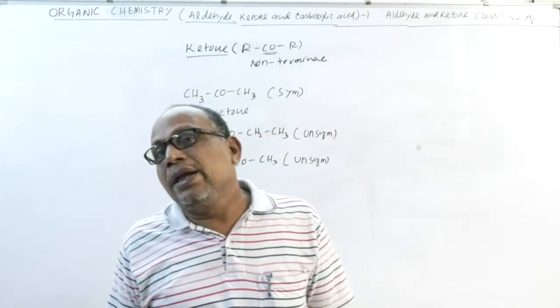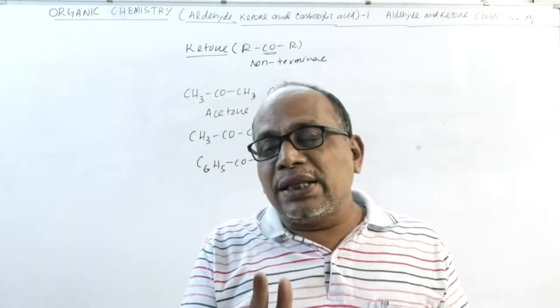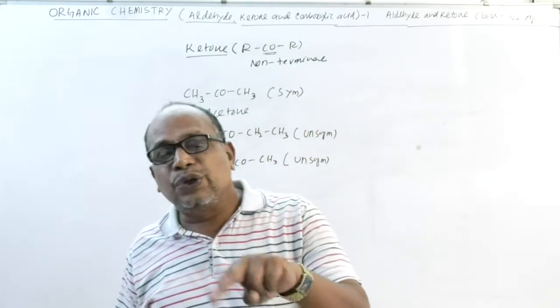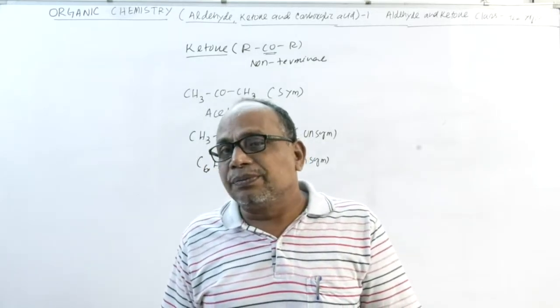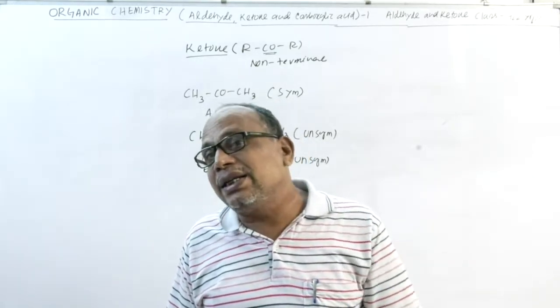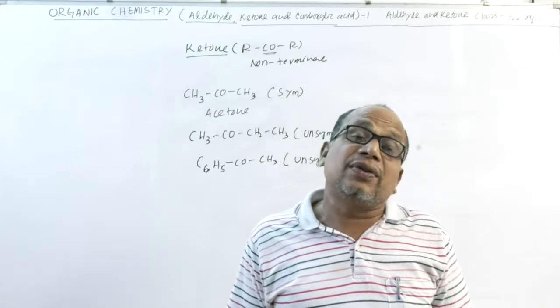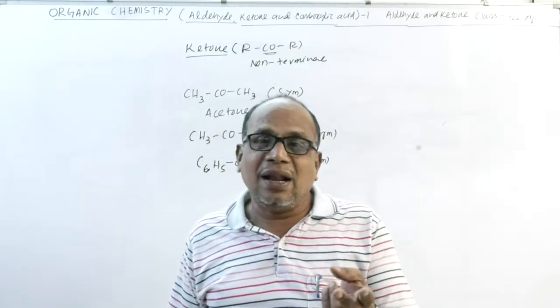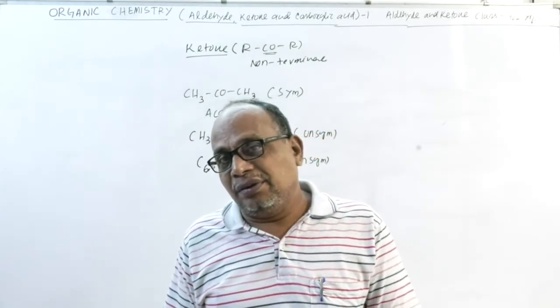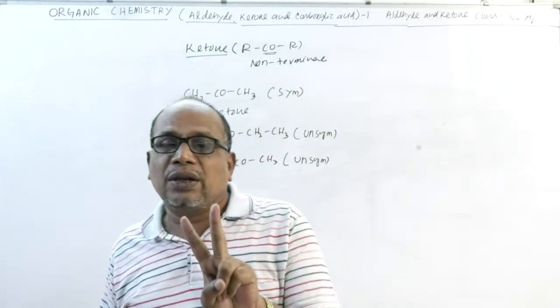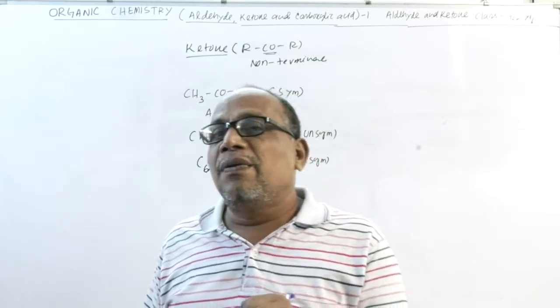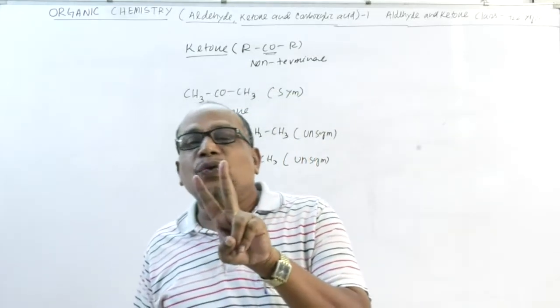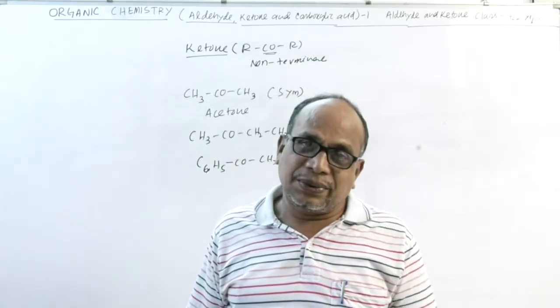On the other hand, when the two valencies of the carbonyl group are satisfied by two same or different alkyl groups, then you can say it is a ketone, and ketones are of two types: symmetrical and unsymmetrical. Symmetrical ketone contains two same kinds of alkyl groups, whereas unsymmetrical ketone contains two different kinds of alkyl groups.